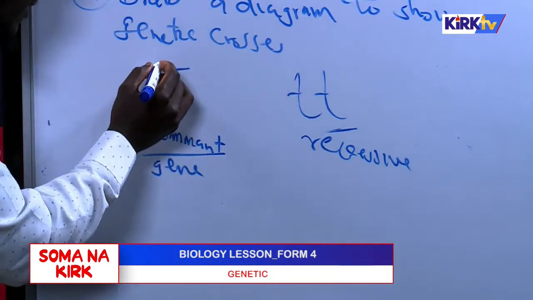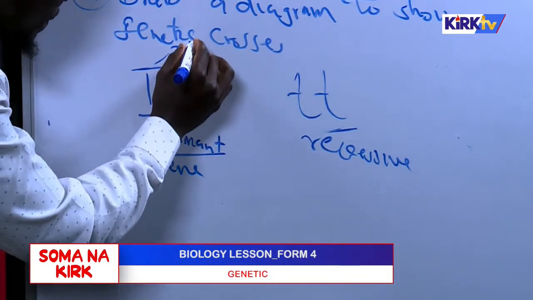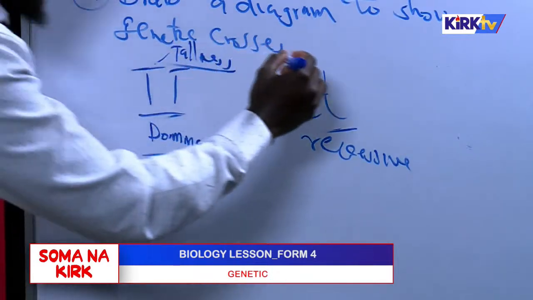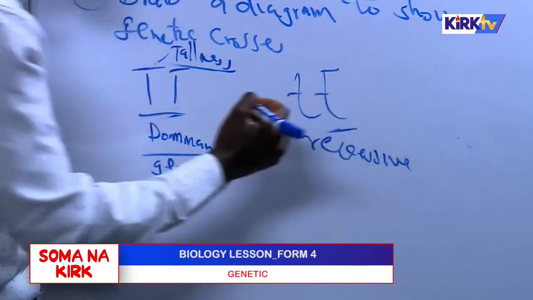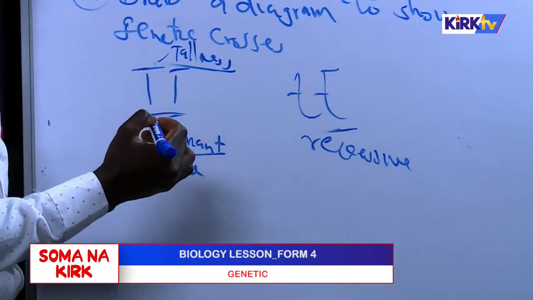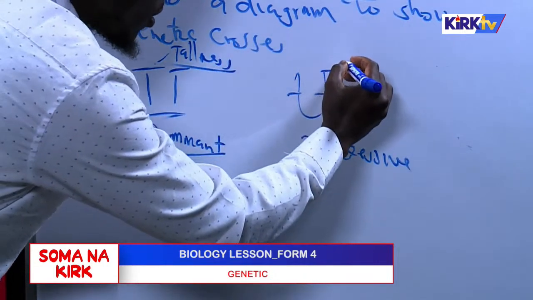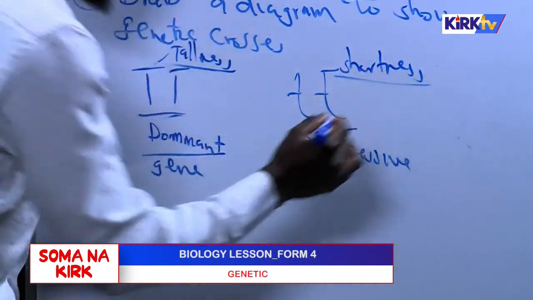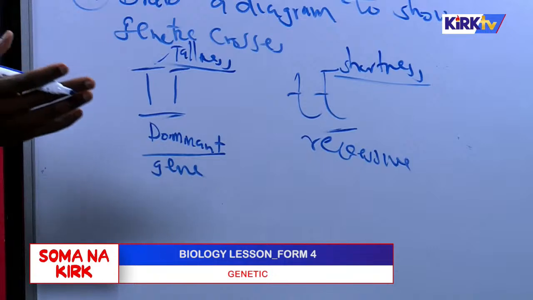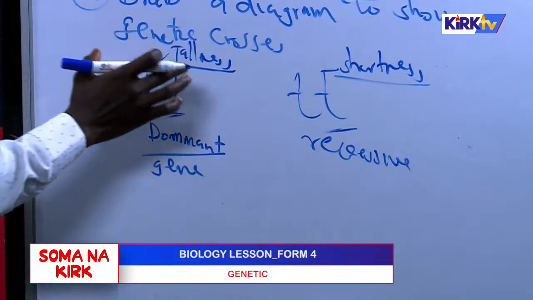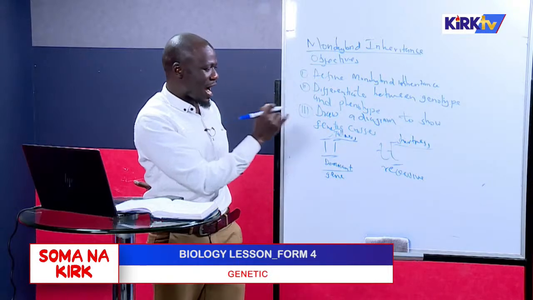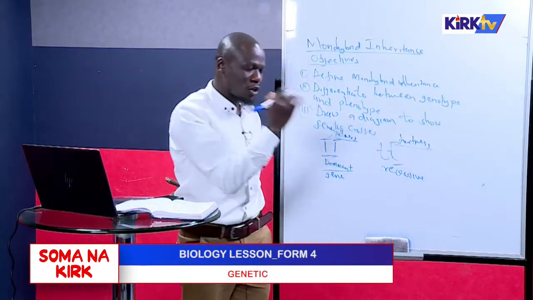This one represents the tallness, while this one controls the shortness. So we have these genes controlling the height: one controls the height for the tallness, another controls the height for the shortness.